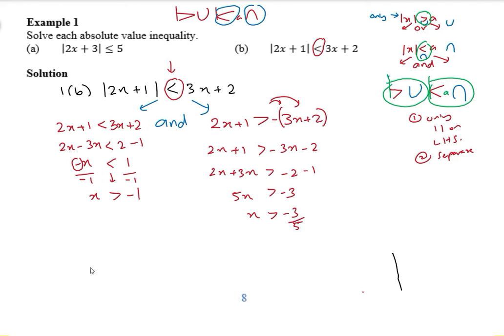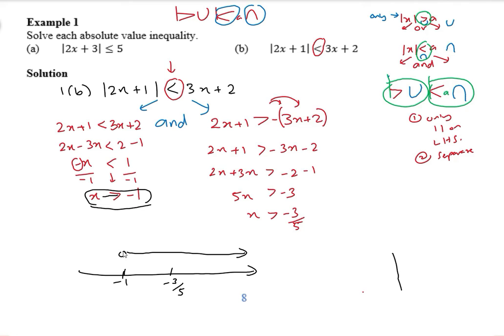That means you have to draw the number line. Start with the smallest number. Which one is smaller, -1 or -3/5? -1 is smaller, so write -1 on the left side, followed by -3/5. Here we see that x is greater than -1, so it's an arrow going to the right of -1, and there's no equal sign there, so it's an arrow to the right with an empty circle.